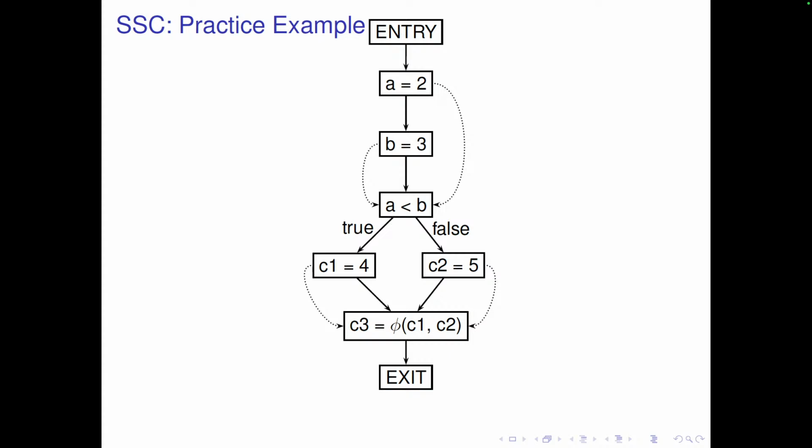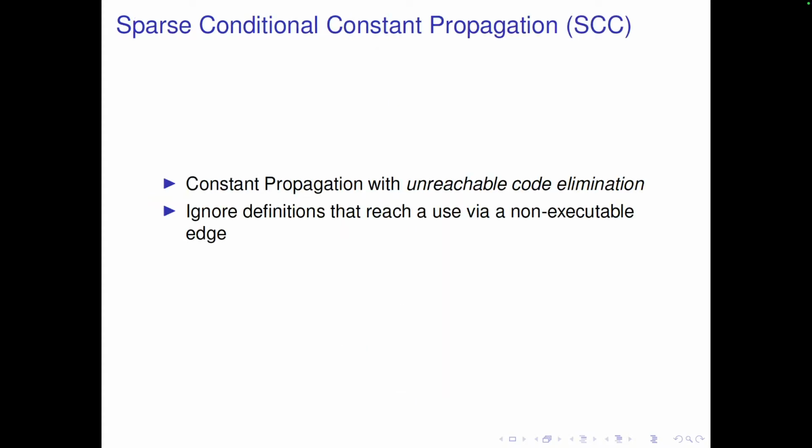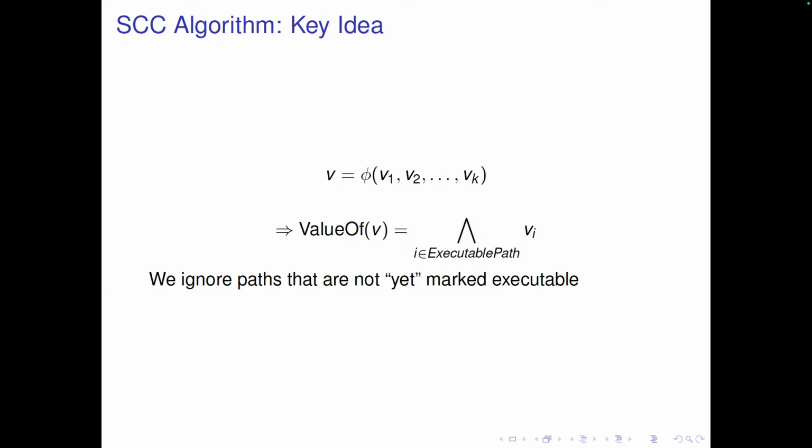Okay. So this is a simple change that we have to do in our algorithm. There is one more change we have to do. We have to change our meet. Earlier we were doing V1 meet V2 meet V3 meet Vk. Now we say remove those V's where the corresponding branch is not tagged as executable.